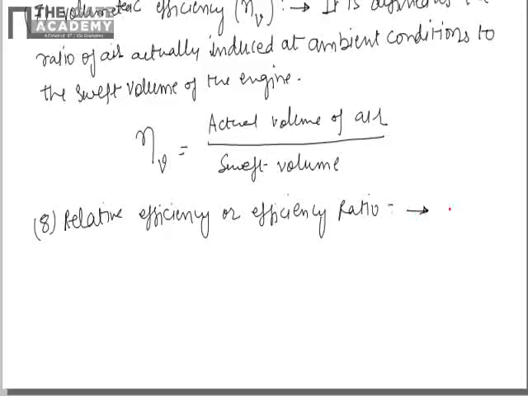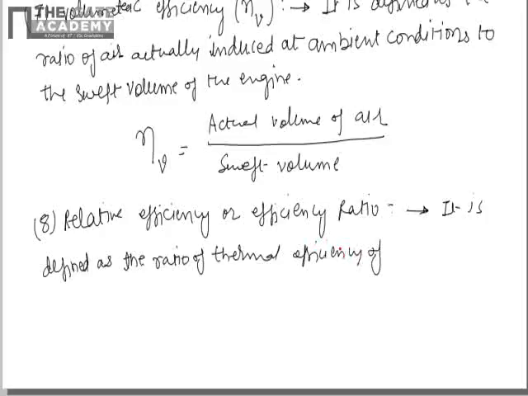So first I will write what the relative or efficiency ratio is. It is defined as the ratio of thermal efficiency of the actual cycle to that of the ideal cycle.